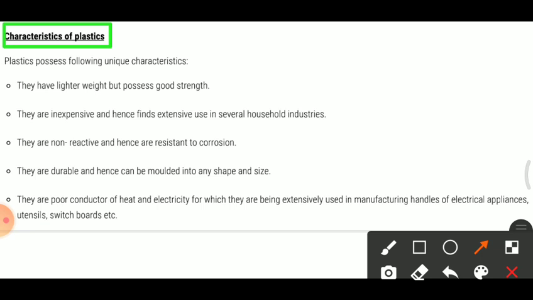Being lighter as compared to metals, plastics are used in cars, aircraft, and spacecraft too. The list is endless if we continue with articles like slippers, furniture, decoration pieces, etc. So, the main characteristic properties of plastics are: first, they have lighter weight but possess good strength.